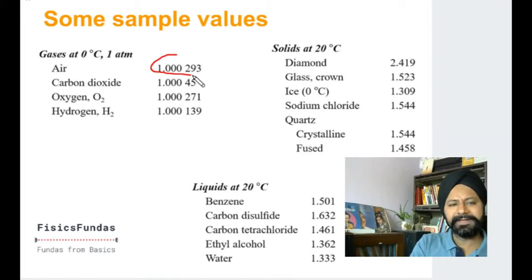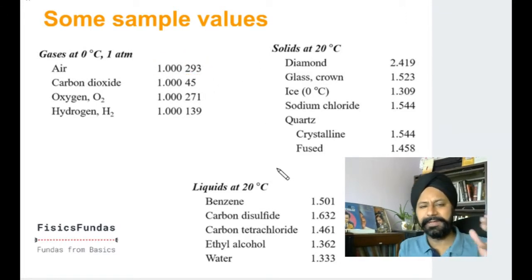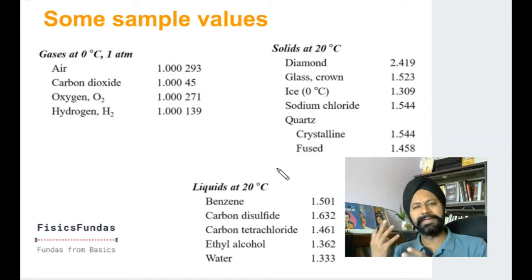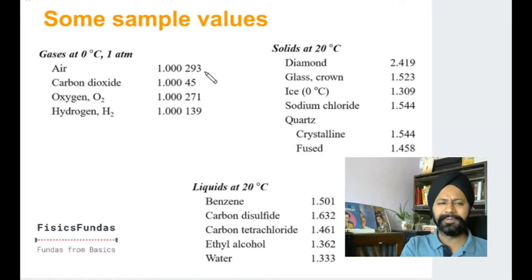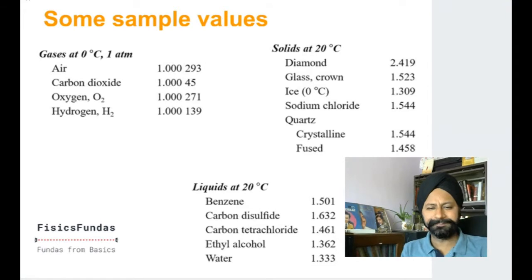Air has a refractive index very close to vacuum, because the speed of light in air is almost the same as in vacuum. It slows down in air, but the difference in the speeds is not much. So for all practical purposes, whenever we deal with any situation involving air, we are going to take the refractive index as 1. You can see for gases, carbon dioxide, hydrogen, oxygen, all these are almost 1.